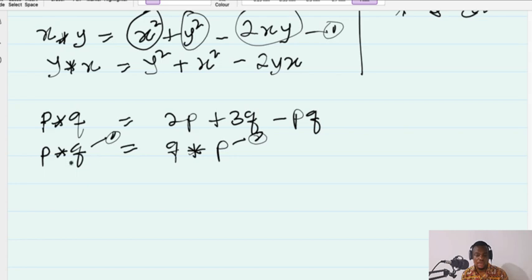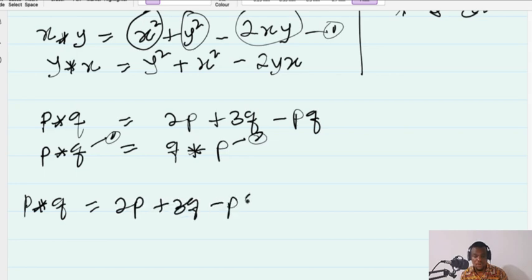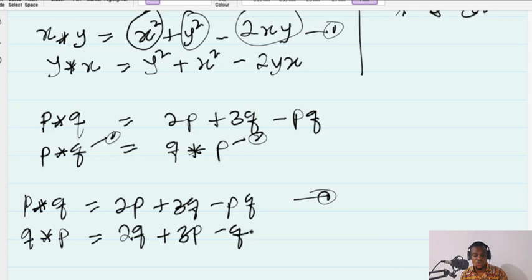For equation 1, P operation Q will give us 2P plus 3Q minus PQ. For equation 2, Q operation P, the first is Q, so it will be 2Q, then the second is P, so it will be 3P, minus QP. Let's arrange equation 2 in alphabetical order: 3P plus 2Q minus PQ.